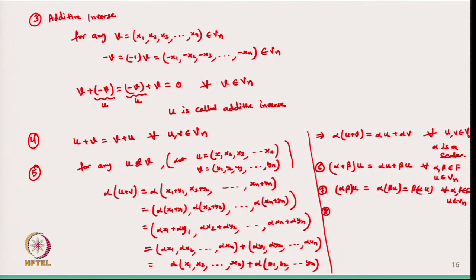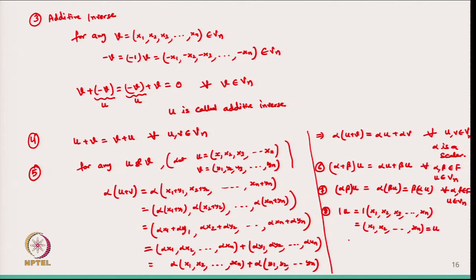And the last one is that if I take one element from the field and multiply by u. So, 1 and u, suppose I am taking x 1, x 2, x 3, up to x n, and by the scalar multiplication it can be written as x 1, x 2, up to x n, and that is equal to u.